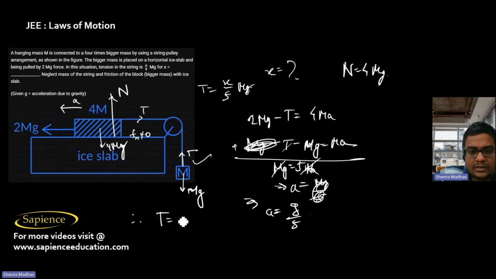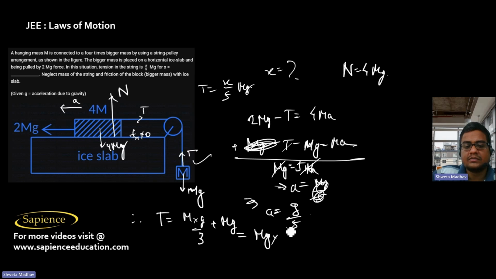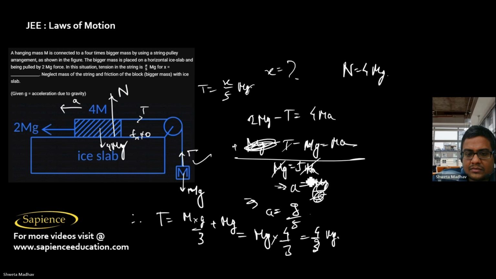So therefore T we can find out. T will be ma plus mg. Sorry, the acceleration is g by 5, not g by 3.